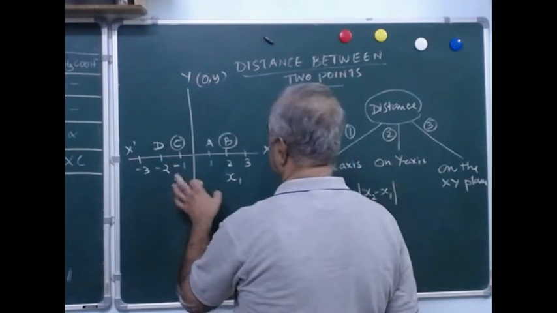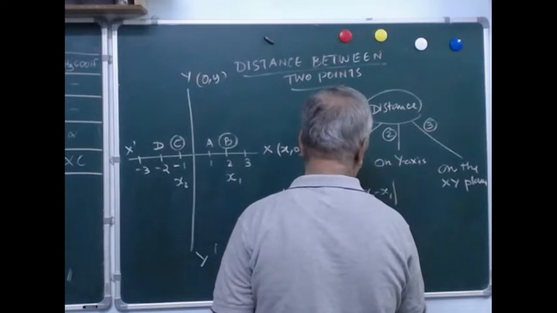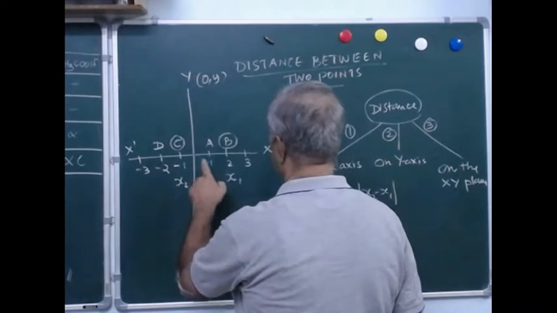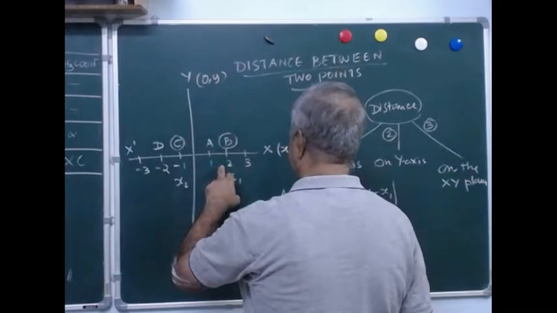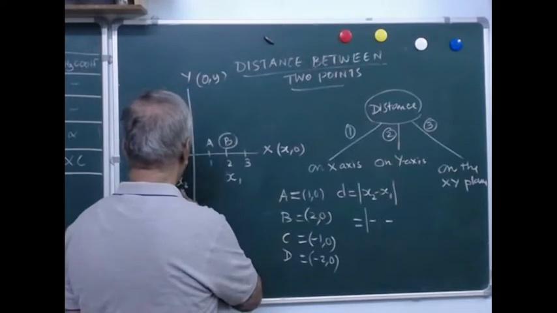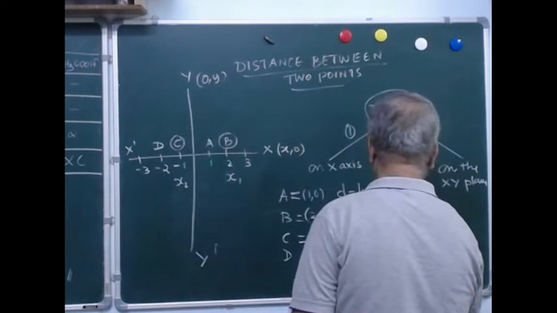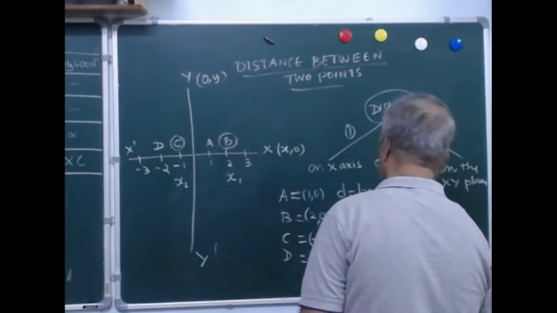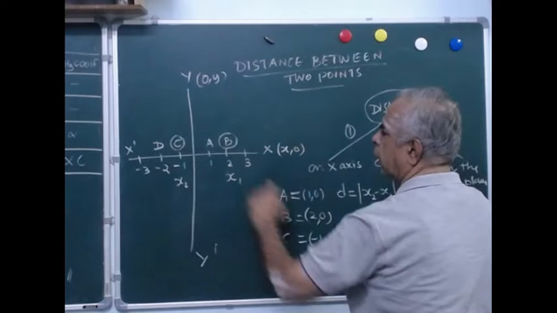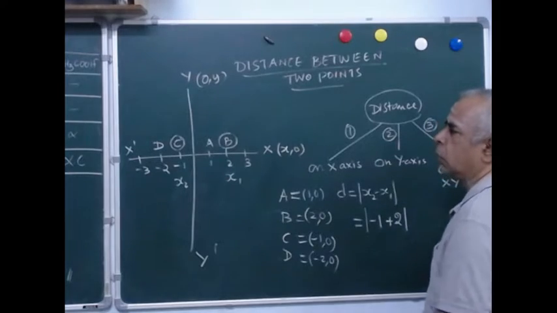For example, x2 here is -2, is it not? And x1 is -1.